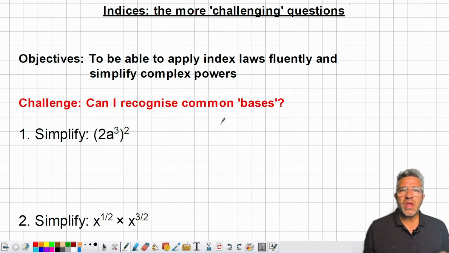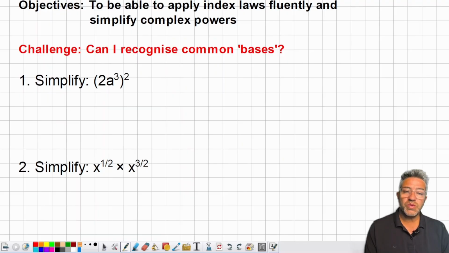And also, do we know our roots, our cube roots, our fourth roots, of certain numbers? But can we simplify our working out by using a common base as well? But like I say, if you're looking to achieve one of the highest grades possible in GCSE Maths, then please continue watching this video. Without further ado, let's take a look at question 1.